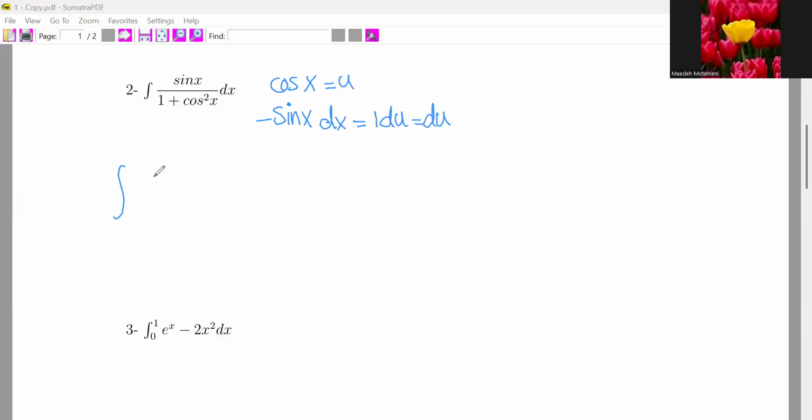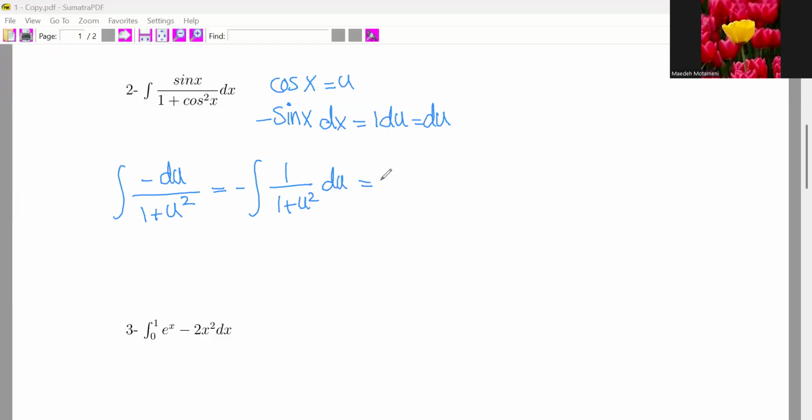So either way, you would have negative du over 1 plus u squared. So you can say that 1 over 1 plus u squared du.